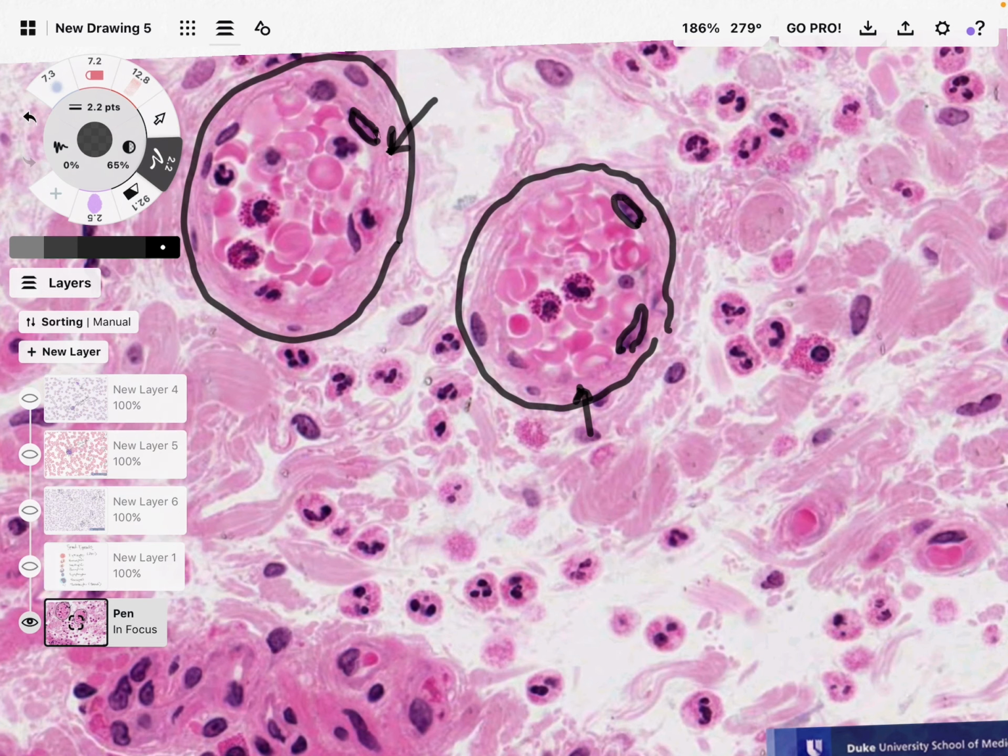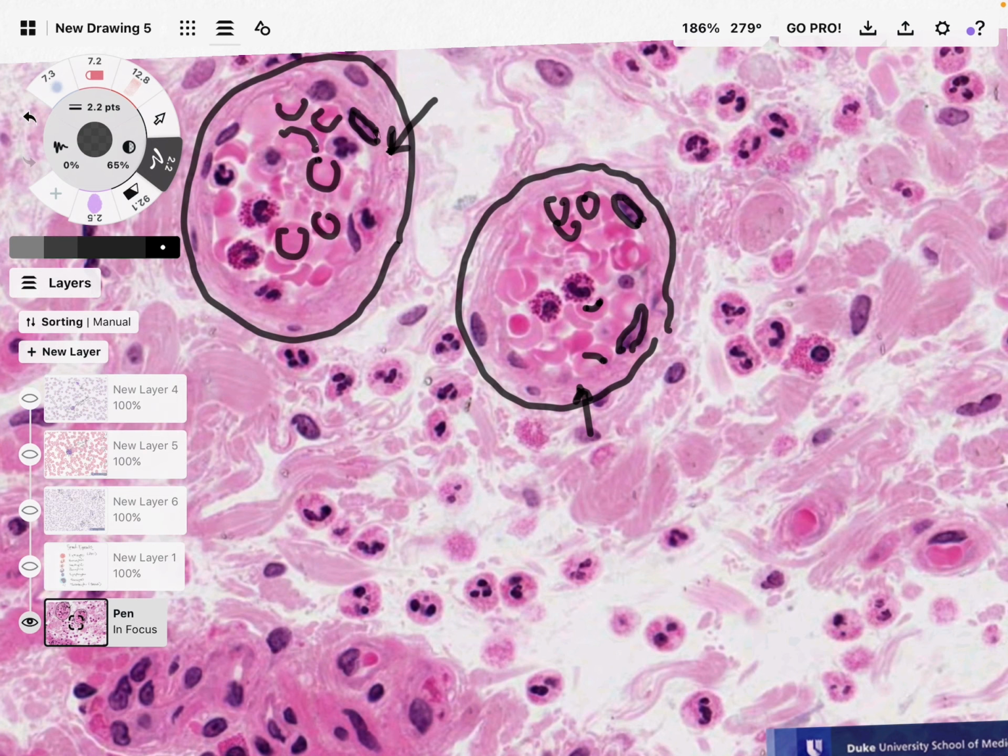So as you can see, there's lots of cells packed in this blood vessel, these red blood cells that lack a nucleus. They don't stain with the hematoxylin. They do stain with the eosin, and you can even see some of that biconcave shape of the cell. So that automatically should tell me that I'm looking at a blood vessel.